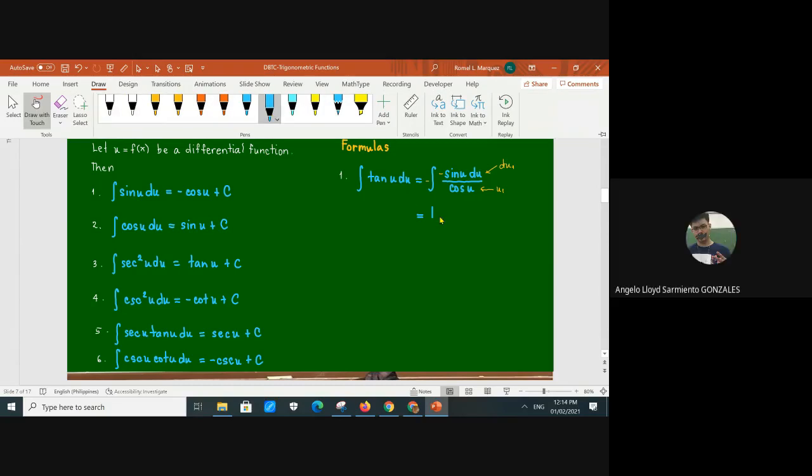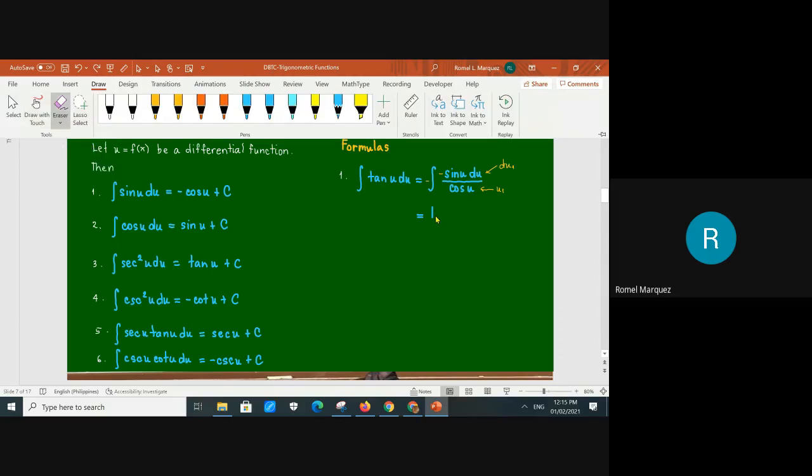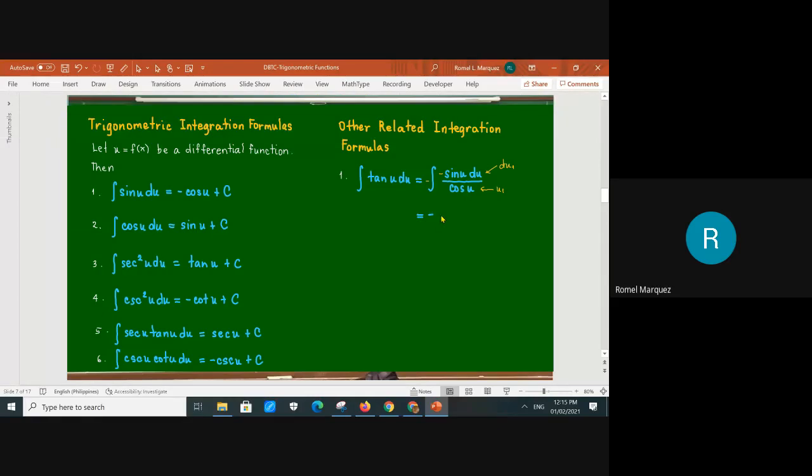So this time, it is now really negative ln of the absolute value of cosine u. We need the absolute value because cosine is possibly negative, possibly positive, no? Plus c.